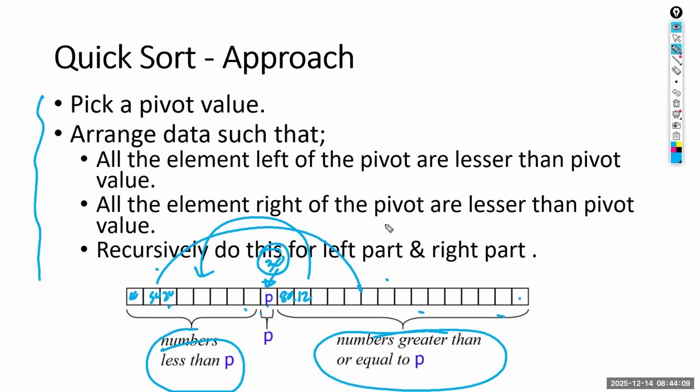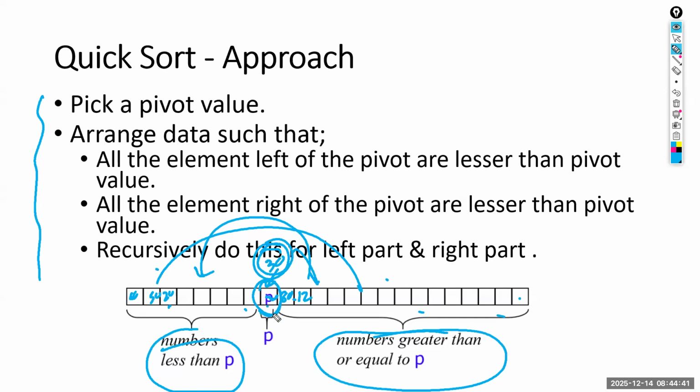But the idea is this: you rearrange your data such that your pivot value is in the correct position, with all the values to the left smaller and all the values to the right bigger. But we can't just keep that number where it is, because maybe this is not the correct position. So you need to arrange those numbers and move this number to the correct position.